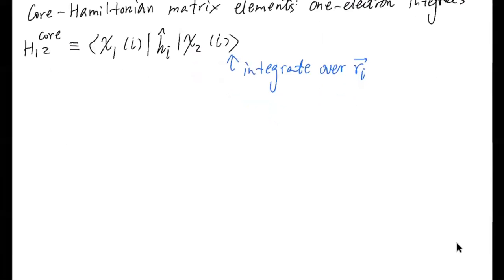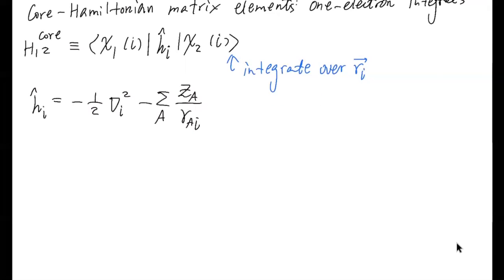Okay, and Hi is the single electron Hamiltonian. So you only have one electron here, electron I, this is the kinetic energy, and you have the one electron interaction potential, right? Which means you have essentially minus ZA over RAI, summed over A, right?